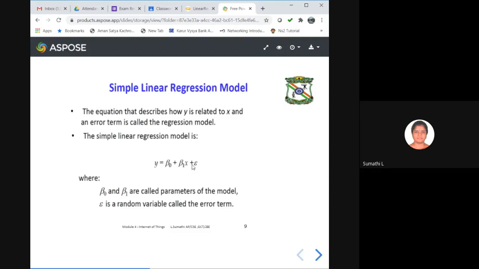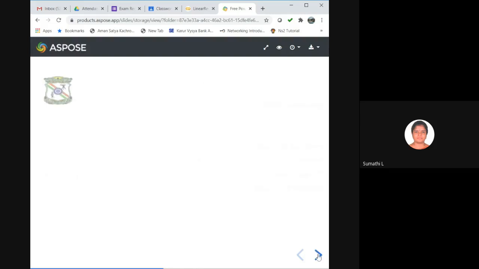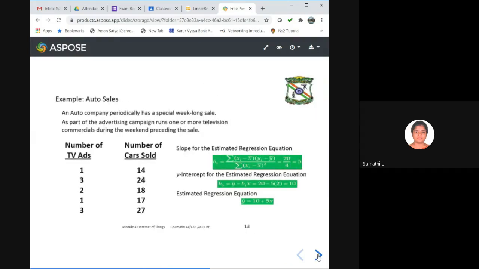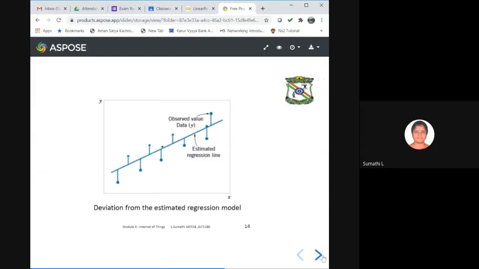And what is this epsilon? You call it the residue or the error term. When I draw a line, not all the points lie on the line.